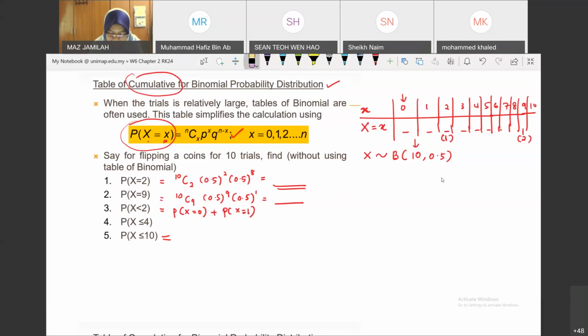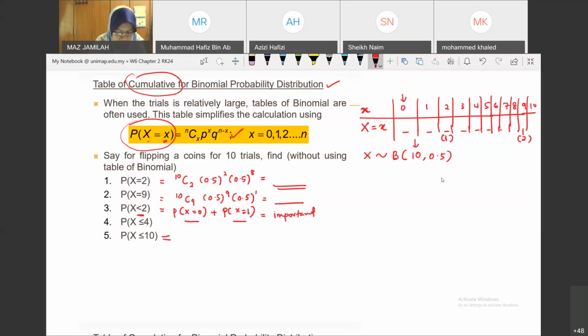I want you to understand this. Okay, class? So if you have P(X less than 2), it means that you have two probabilities that you need to consider. Can everyone understand this, class? Yes, understand. Okay, thank you.